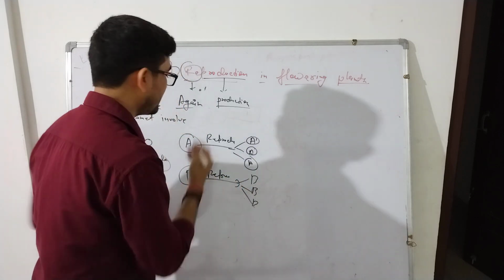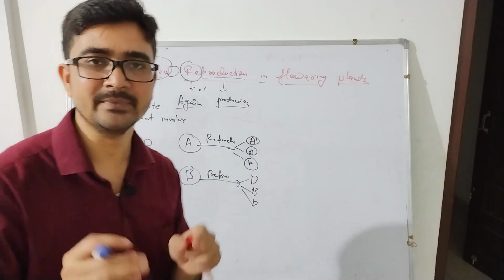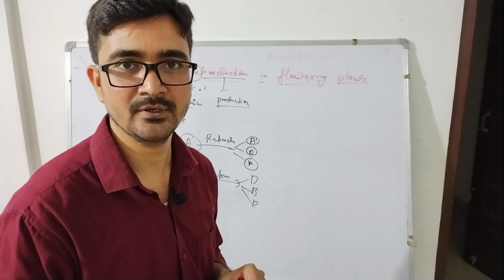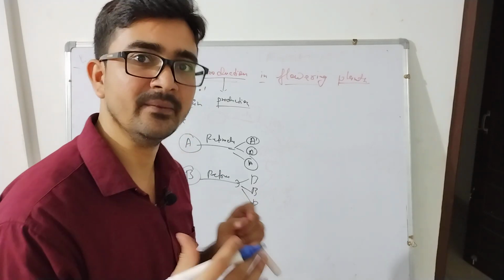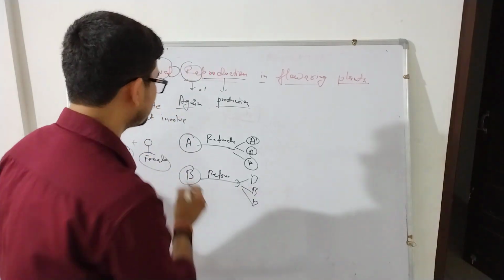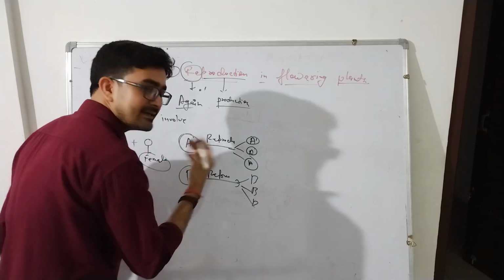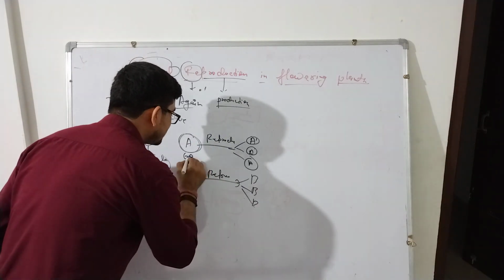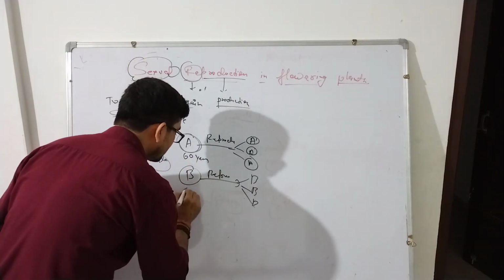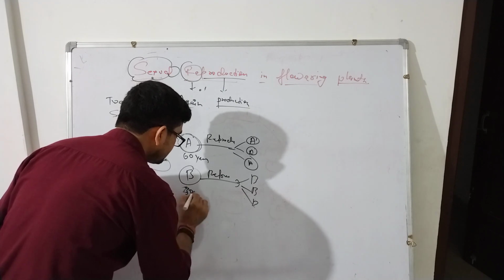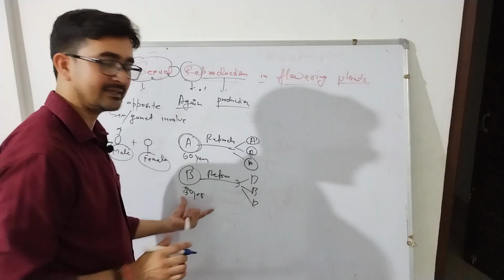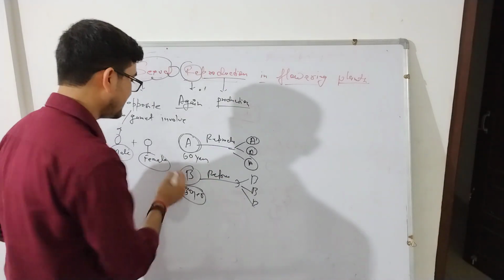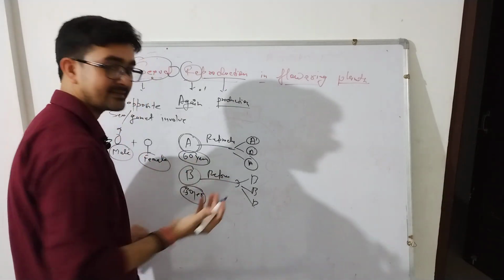So why? Because any living organism has some lifespan. If suppose A is an animal and its lifespan is 60 years and another one is 30 years, after 30 years it can't exist, after 60 years it can't exist.